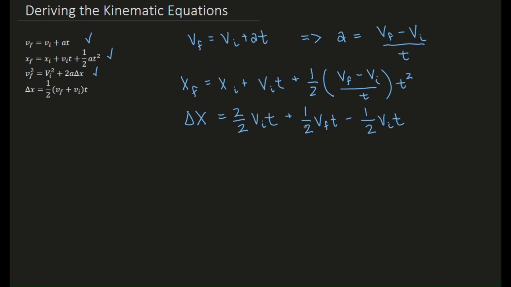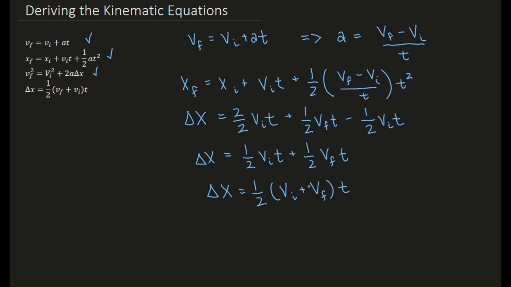I can simplify this further because parts of this initial velocity will cancel out to be change in position equals 1/2 initial velocity times time plus 1/2 final velocity times time. So my change in position equals 1/2 times initial velocity plus final velocity, times time, which gives me my fourth kinematic equation. And this is how you derive all four kinematic equations.